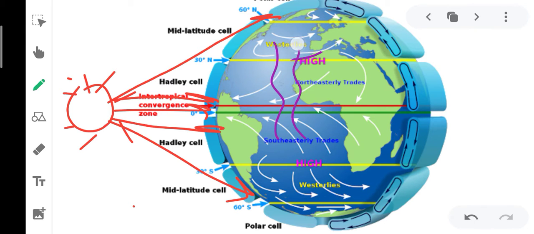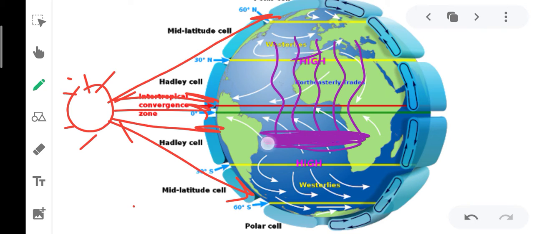High temperature, more evaporation of water, and evaporation leads to the concentration of salt in the ocean, hence increasing the salinity of this region. What is salinity? Salinity is the amount of salt present in 1000 grams of water.